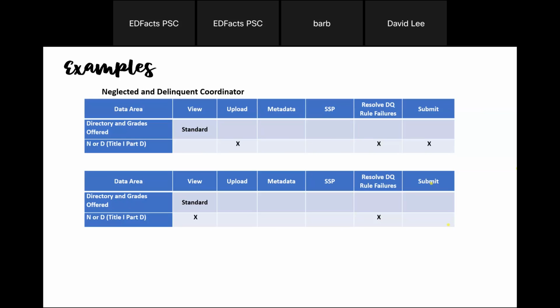Okay. Generally, how do these roles map onto current EMAPS users? For example, does metadata in state submission plan map to current EMAPS users? And do current ESS users map to upload and resolve data quality failures? In the email that I sent, there was an attachment with a long list of users.